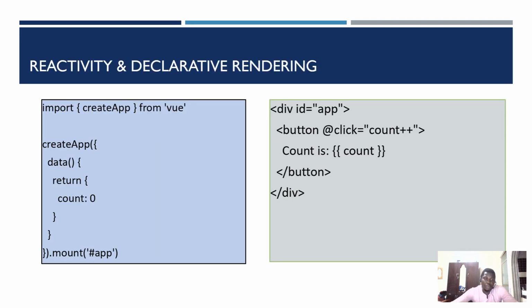When you create your Vue instance or a component, you'll be creating options like data, another option methods where you define your functions, then different hooks that are called at different life cycles of the Vue application instance.